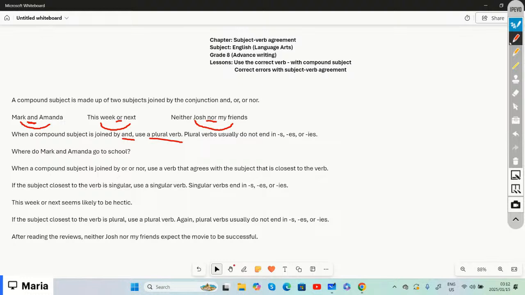If we look at an example where we use a plural verb that doesn't end in s, es, or ies, we say, where do Mark and Amanda go to school? You see, where do Mark and Amanda go, not goes, to school?